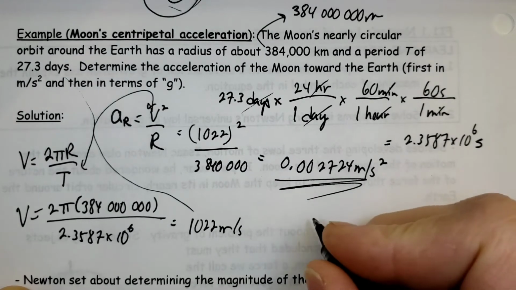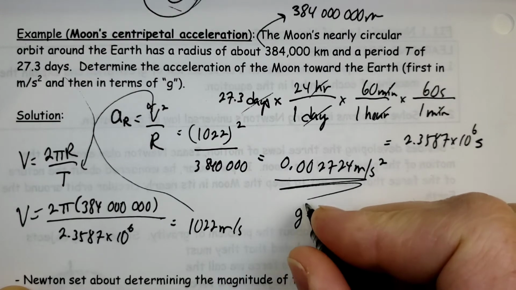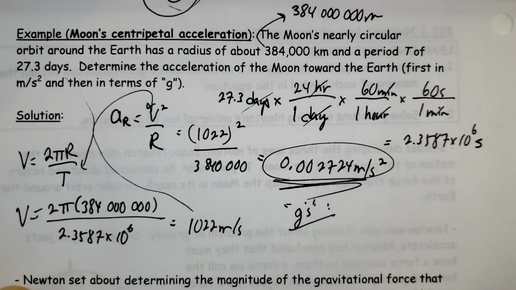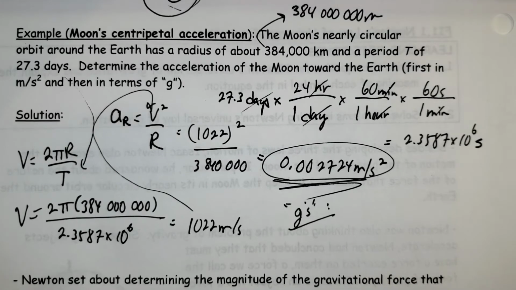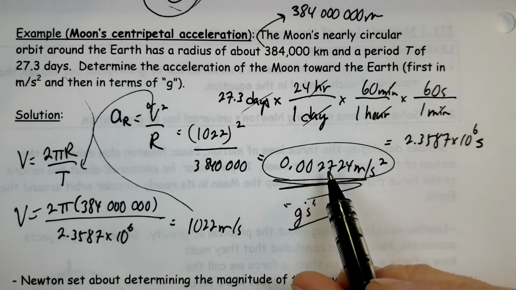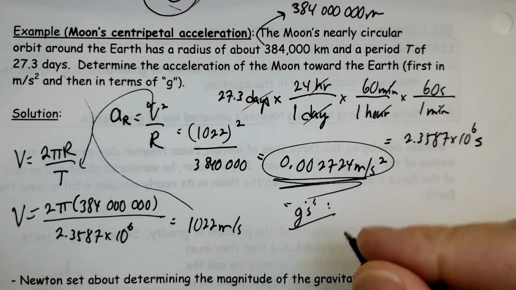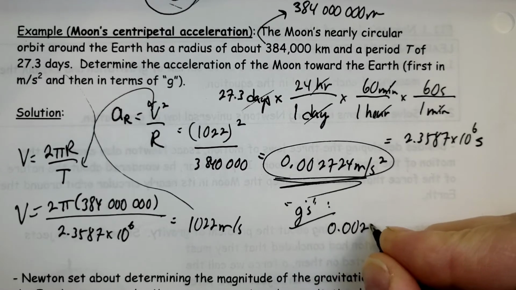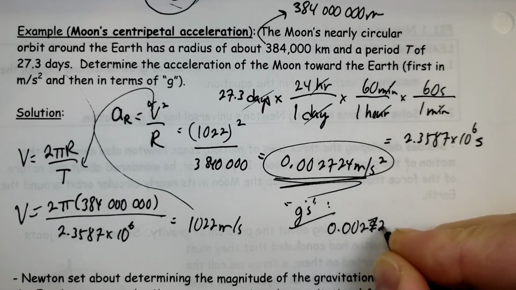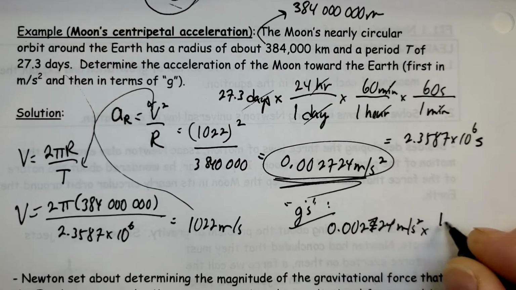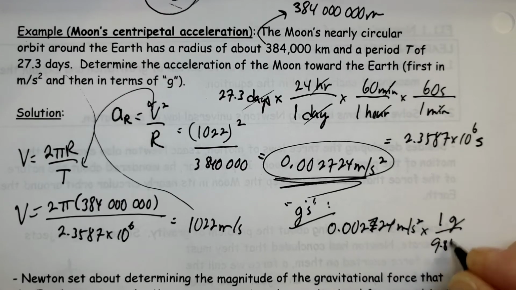And of course in terms of G's, so that's how many meters. So you can see on the surface of the planet, the acceleration due to gravity is 9.8 meters per second squared. So you can see it's way less up where the moon is. So we can take that and figure out how many G's there is, because I know that 1 G is 9.80 meters per second squared.